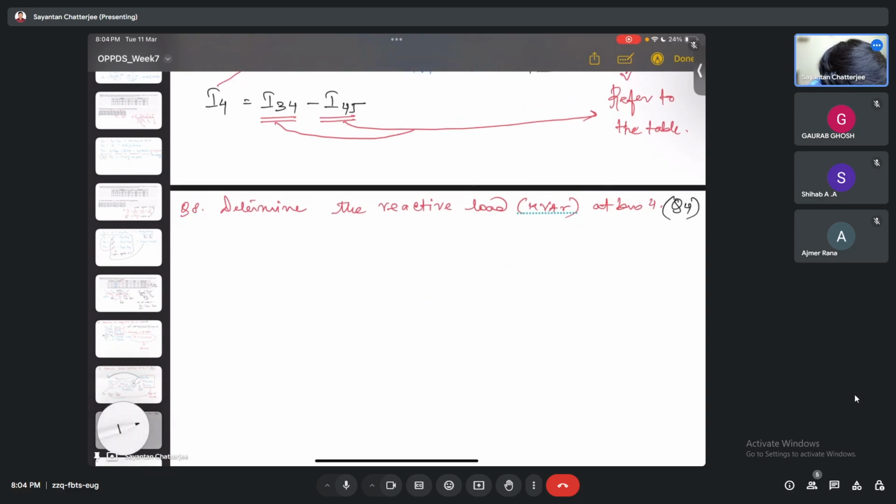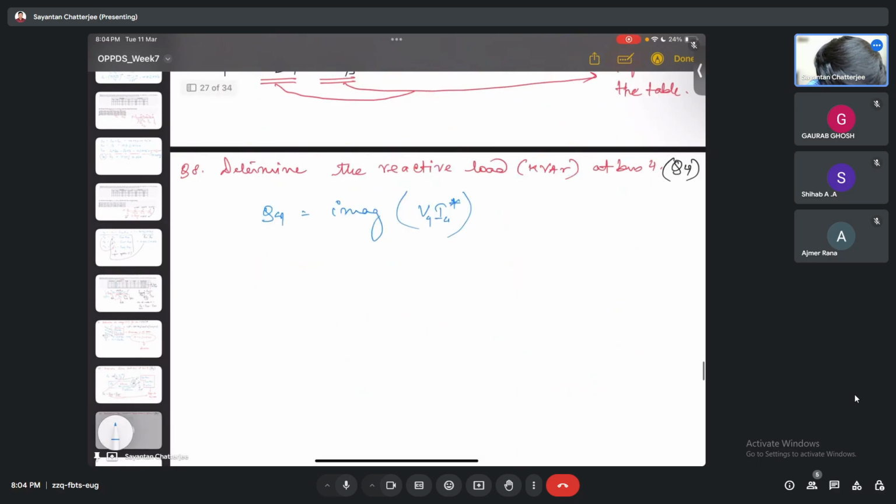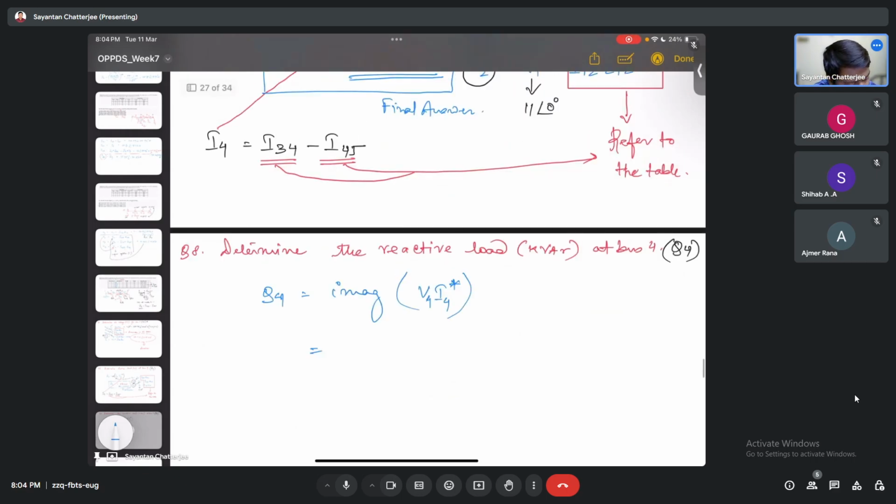We can write Q4 as the imaginary part of V4 I4 conjugate. Nothing else. Already we have found the values there. So the imaginary value would come, the Q4 value would be 185 kVAR.